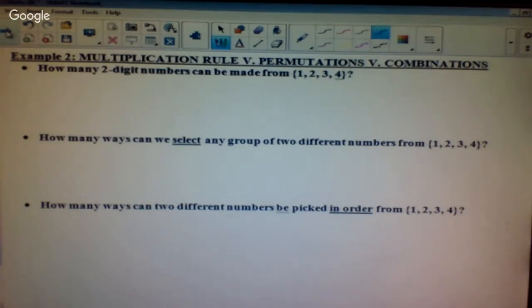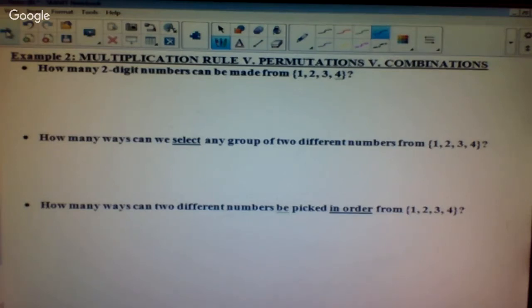But does it tell you you cannot repeat a number? No. So it's multiplication rule. If you can repeat, it is multiplication.